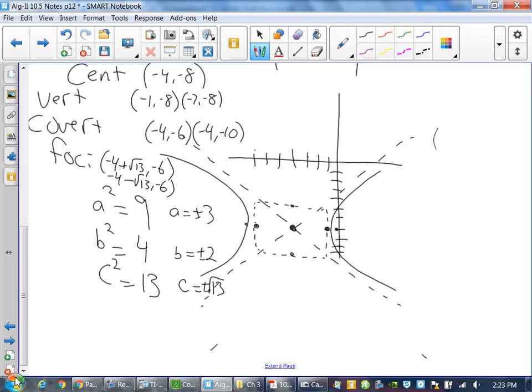The asymptote part, your slope is relatively easy. You went up 2, we went over 3. So you have a positive 2/3 slope and a negative 2/3 slope. And then you always use the center as the ordered pair for your point slope form.